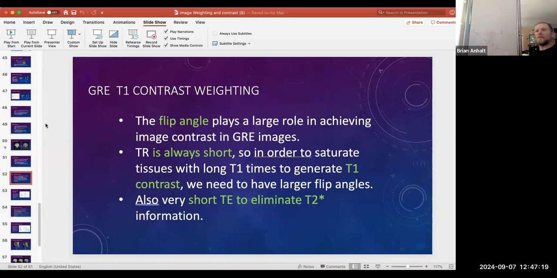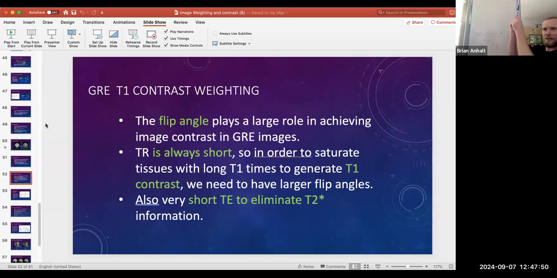So with a gradient echo sequence as well, we have a large flip angle, somewhere between, let's say, 70 and 90 degrees. With 70 to 90 degrees, just think about our longitudinal component. This is all we have left, right? Fat will relax back, and then we do it again. We'll have T1 contrast with a large flip angle and a short TR.